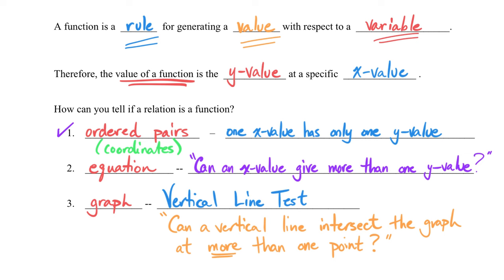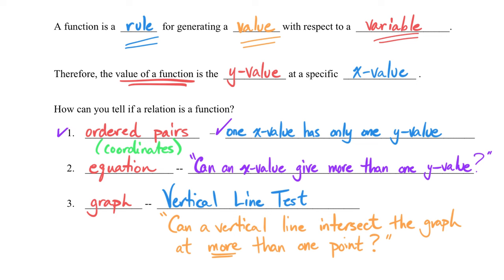What you see after that dash is what we want to think about as we try to answer the question, is the relation a function? If you look in blue on that first line, does one X value have only one Y value? If it does, you know it is a function. If you can find an X that has more than one Y value, then you know it's not a function.